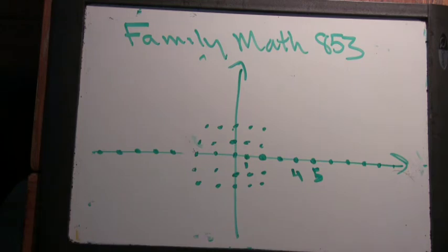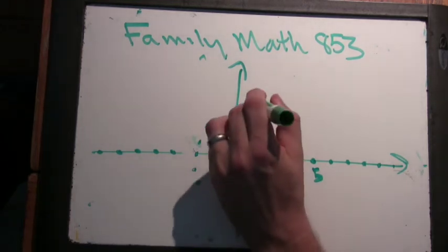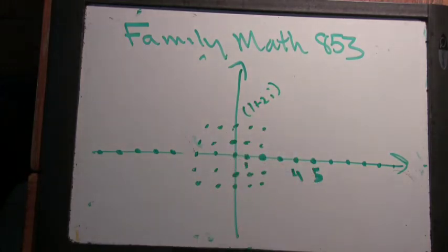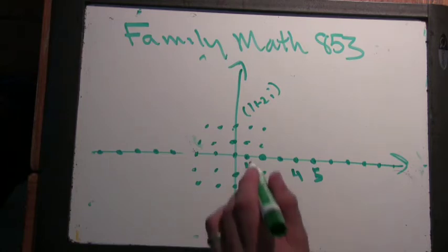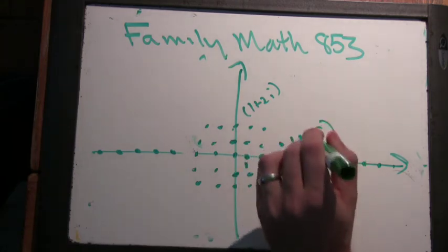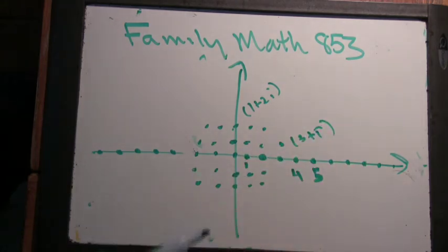But what about something like this? 1 plus 2i, and pick another point, anyone you want. 3 plus i. Okay, it's right there. What happens when I add these?